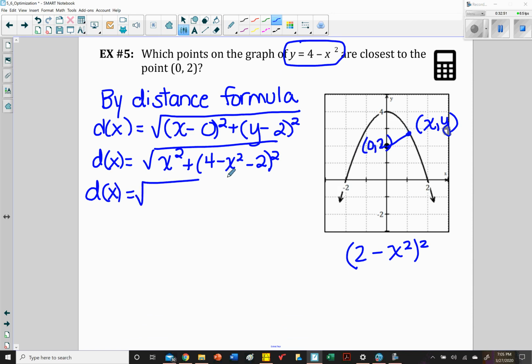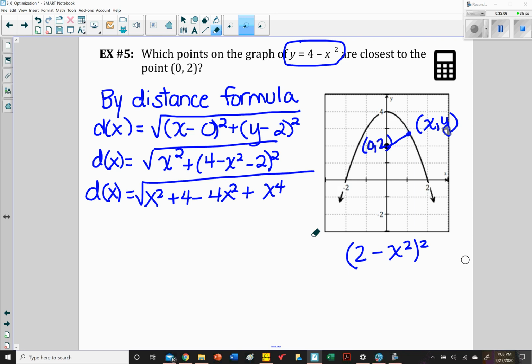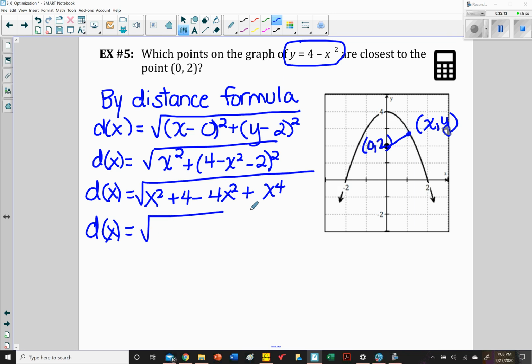This would be x squared and 4 minus 4x squared plus x to the 4th. Okay, so combining like terms, our distance is x to the 4th minus 3x squared plus 4. Now, here's an interesting little fact.